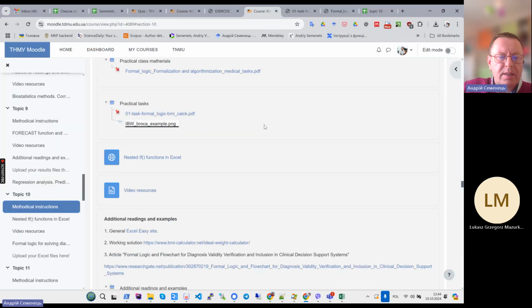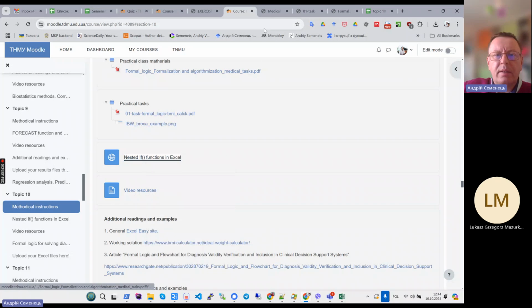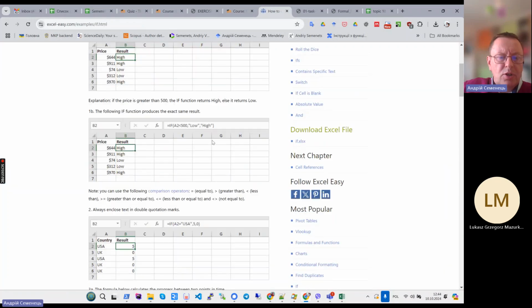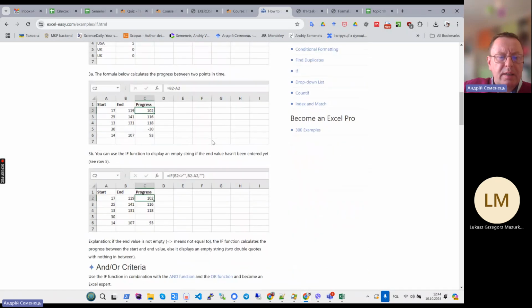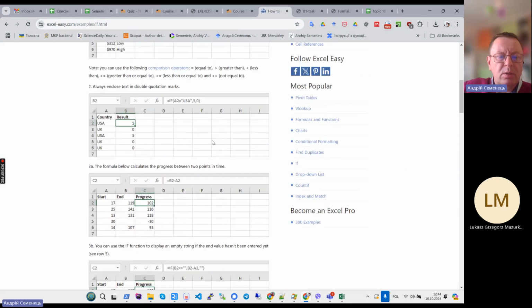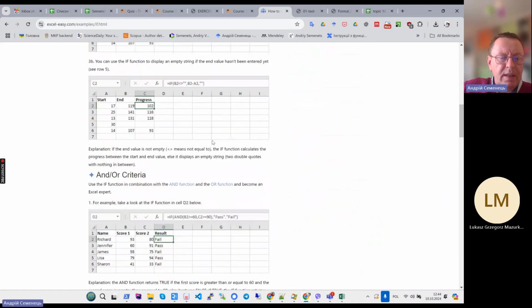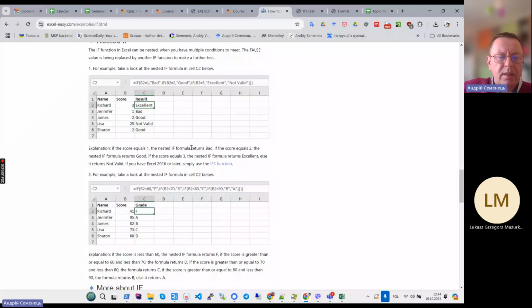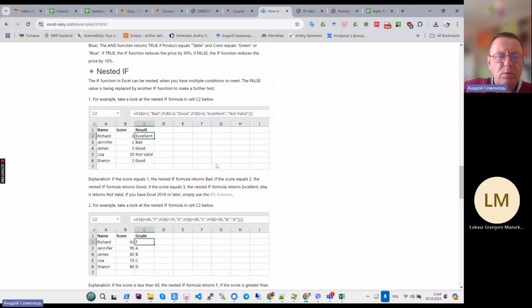And here a very nice example is given about usage of the nested function. Actually, about how to make a text conclusion. So here is the exact case, this nested IF, which provides an exact choice from four.